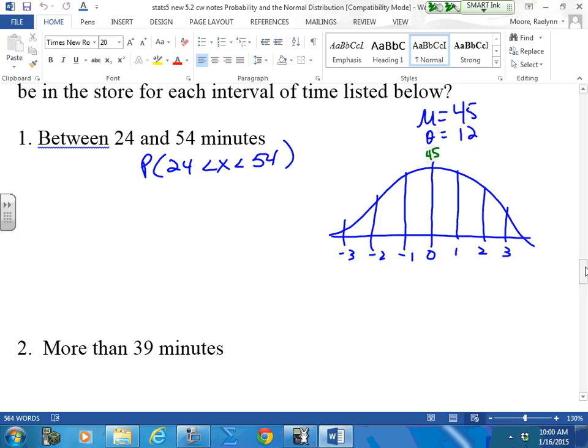I want your sketch to look like this. Add 12. Just keep adding 12. 57, add 12 more. Add 12 more. So now we know where we're going with this, where my x values are going. Then you're going to go down the opposite way. You're going to subtract 12.